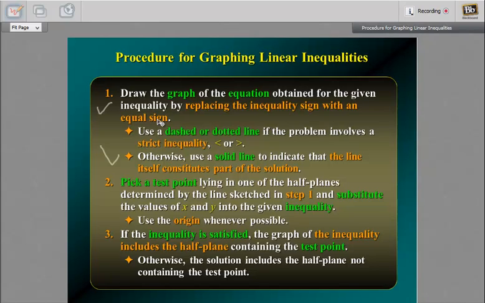As I told you in my face-to-face class, you will read these points, the same thing as I told you there. Here they say that when you are going to draw the equation of a line, if there is a less than sign, you will put it into an equality.